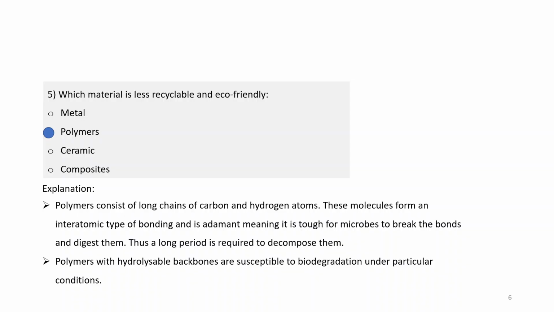These molecules form an interatomic type of bonding and is adamant, meaning it is tough for microbes to break the bonds and digest them. Thus a long period is required to decompose them, and the polymers with hydrolyzable backbones are susceptible to biodegradation under particular conditions.